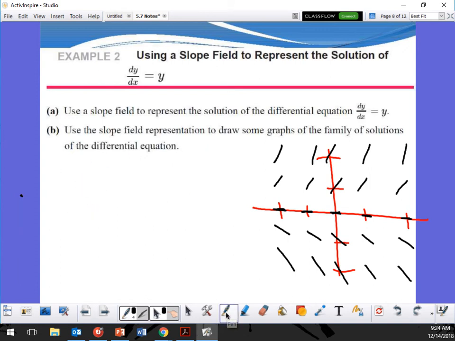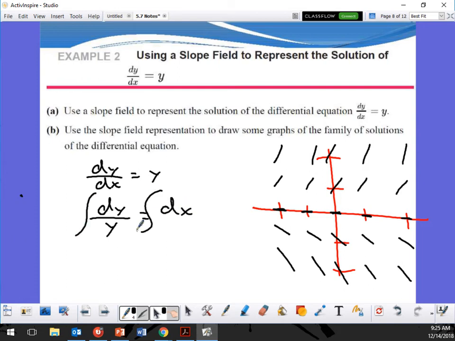So it's going to be dy/dx equals y. So I get dy over y equals dx. What's the integration of 1 over y? ln y, thank you.